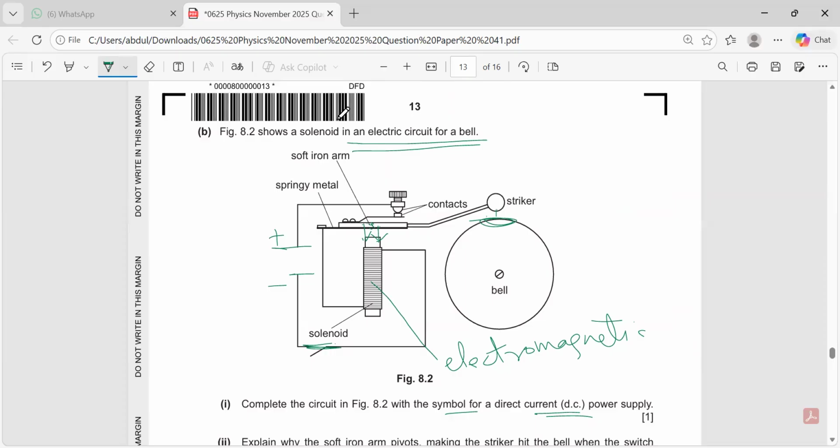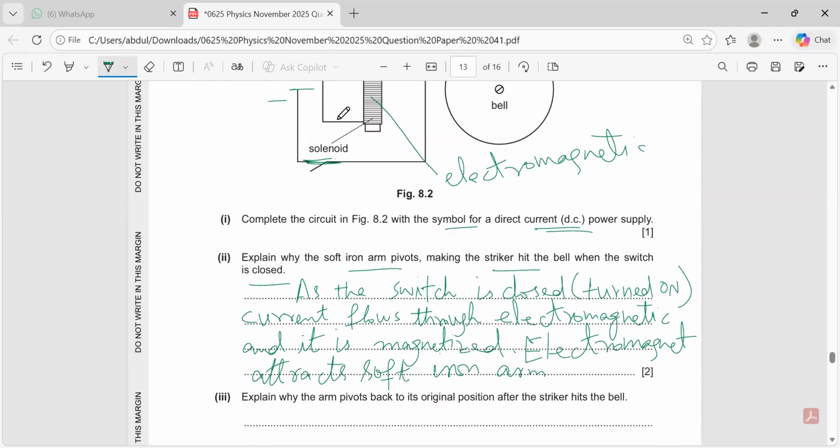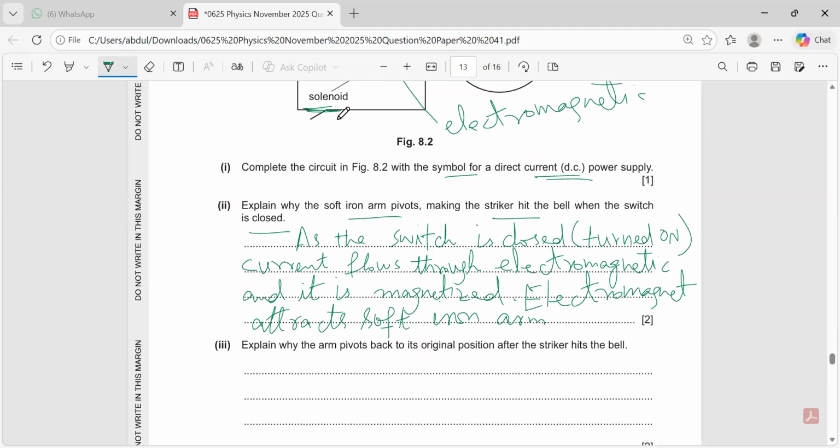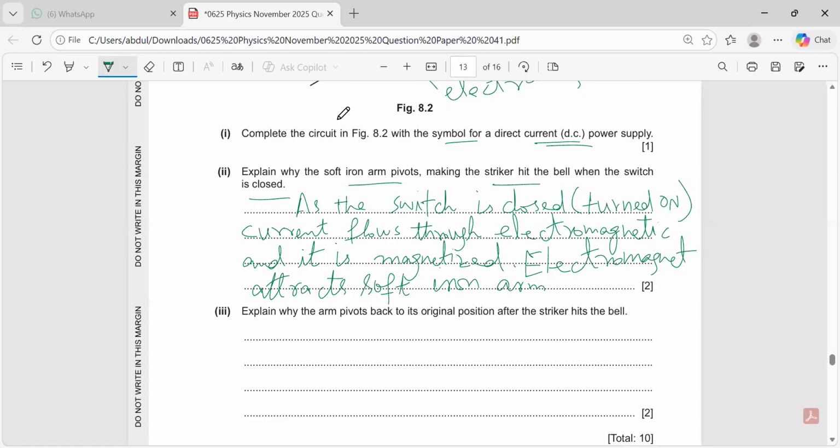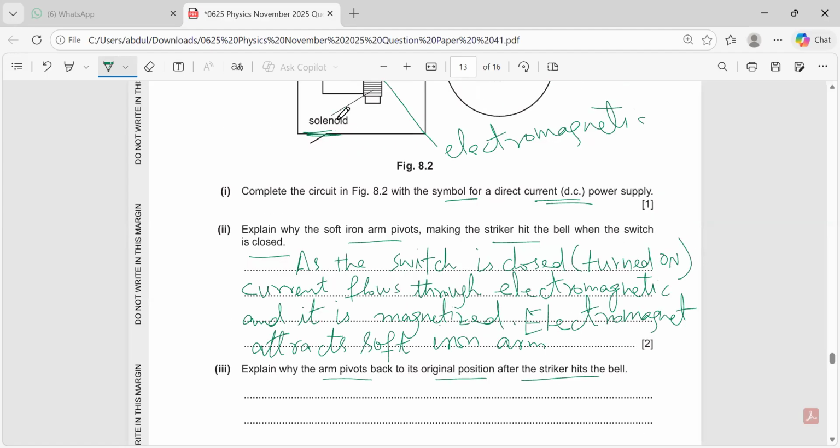When this soft iron arm is attracted down, the striker will hit the metal. So that's very simple. But of course, you must have the concept of electricity. Now, explain why the arm pivots back to its original position after the striker hits the ball.